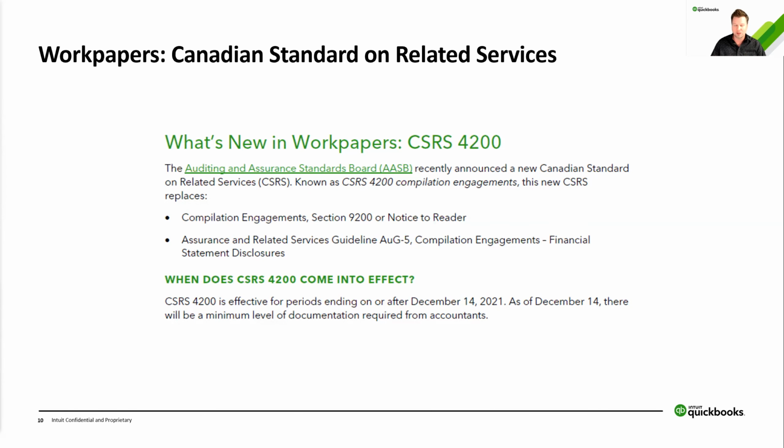In the past, we had notice to readers, review engagements, and audits, and that has changed a little bit. And it is effective for any periods that are ending on or after December 14th of 2021. So this has already come into effect. Many of you may have seen these changes happen within your firms.